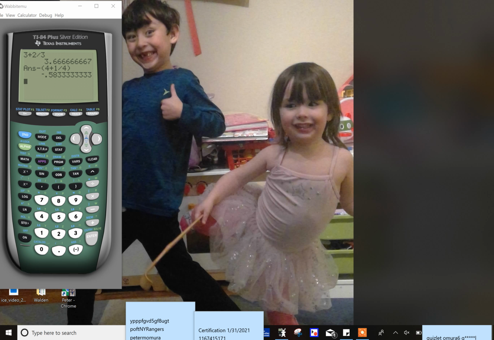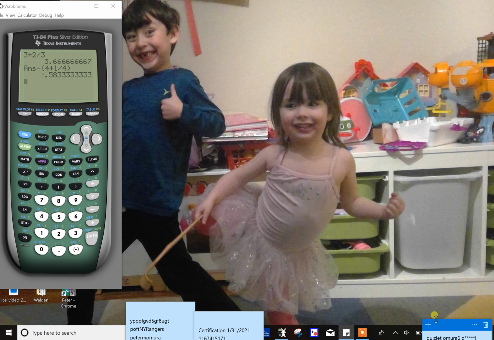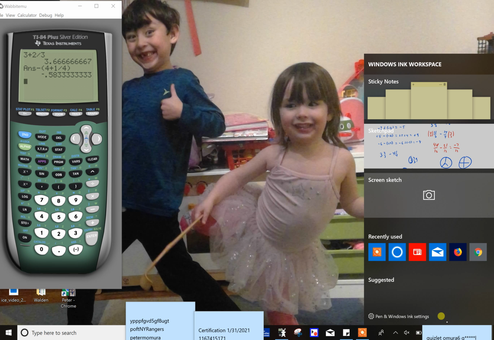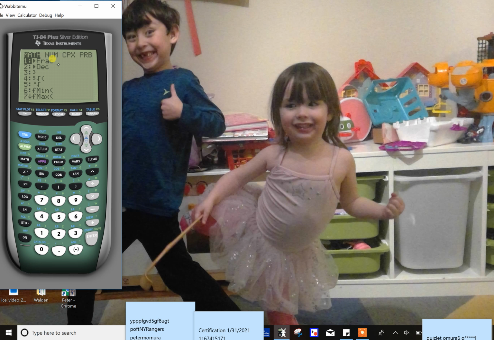And you might say, well, the problem is I want my answer as a fraction, and it should be -7/12. So if you go to math and you go to fraction, you just have to press enter, and you get -7/12. Now, if your answer doesn't look like that, there is a possibility that you are in classic mode.